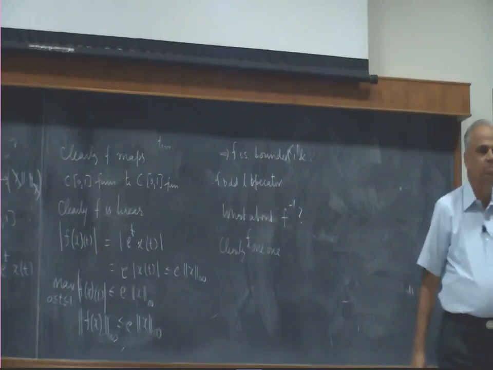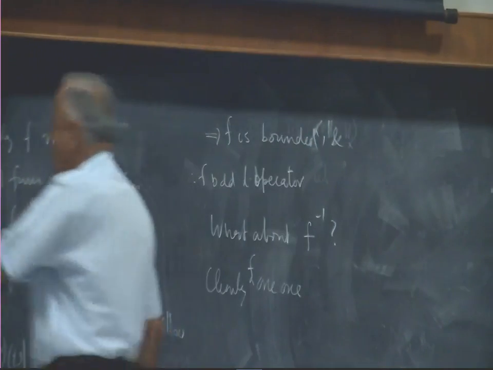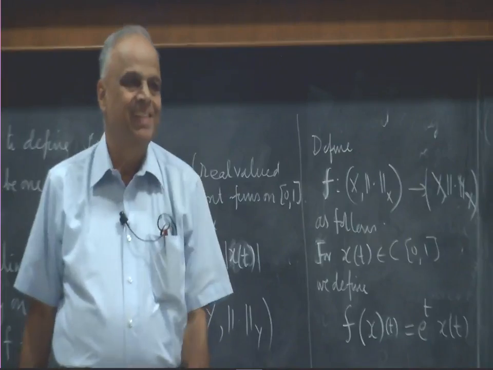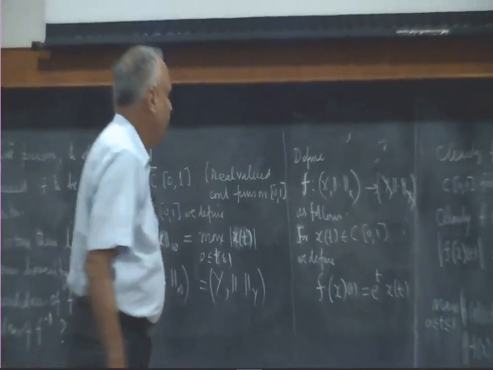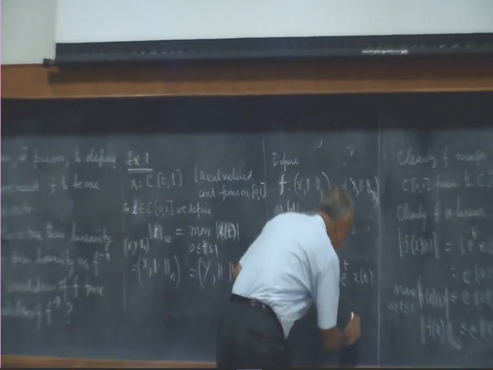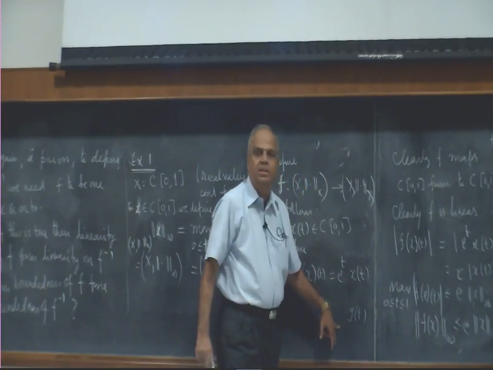Is it onto? That is, give me some function. Will that be the image of somebody? What is meant by onto? All the images are exhausted. If you give me a continuous function y, will there be a function x whose image is this?